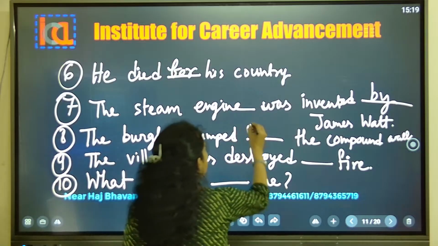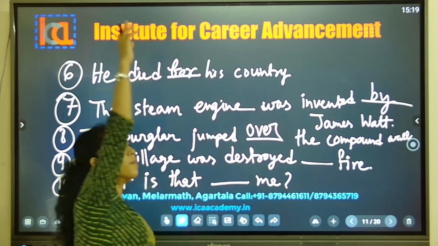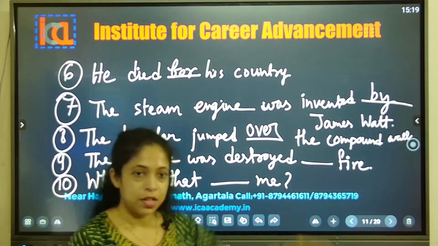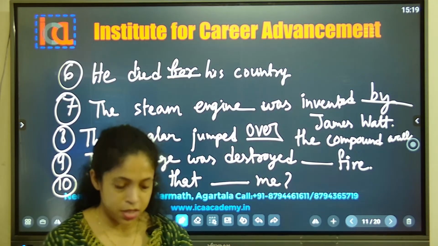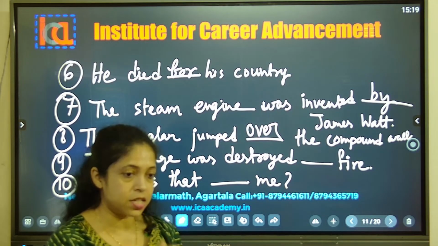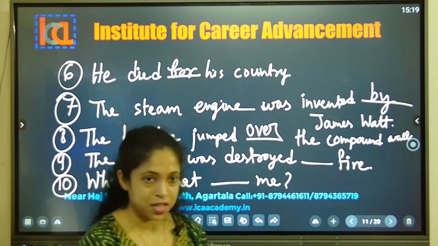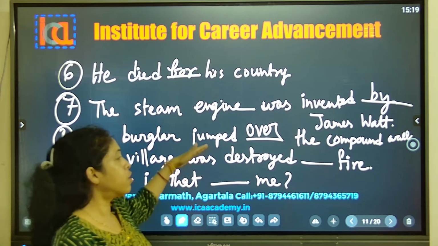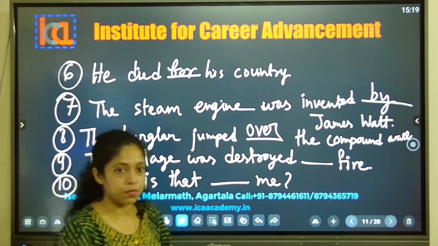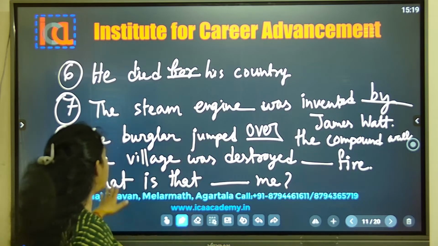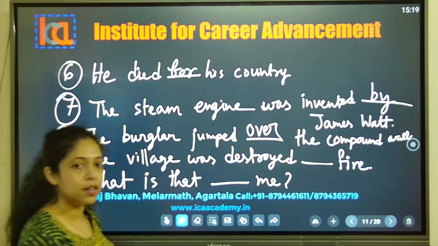Jumped off means suppose jumped off the 7th floor, going straight down, but here it is not telling that he was getting straight down, it's just over, jumping over. The village was destroyed by fire.